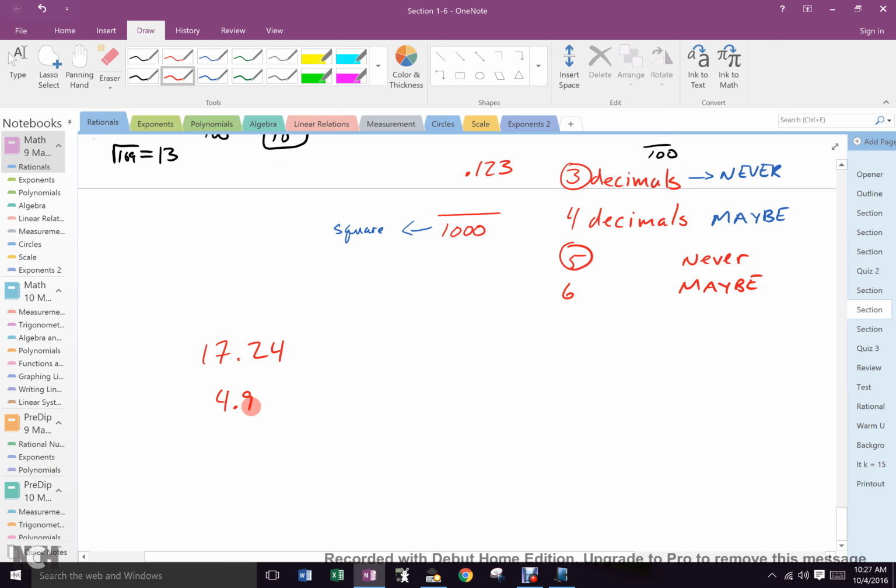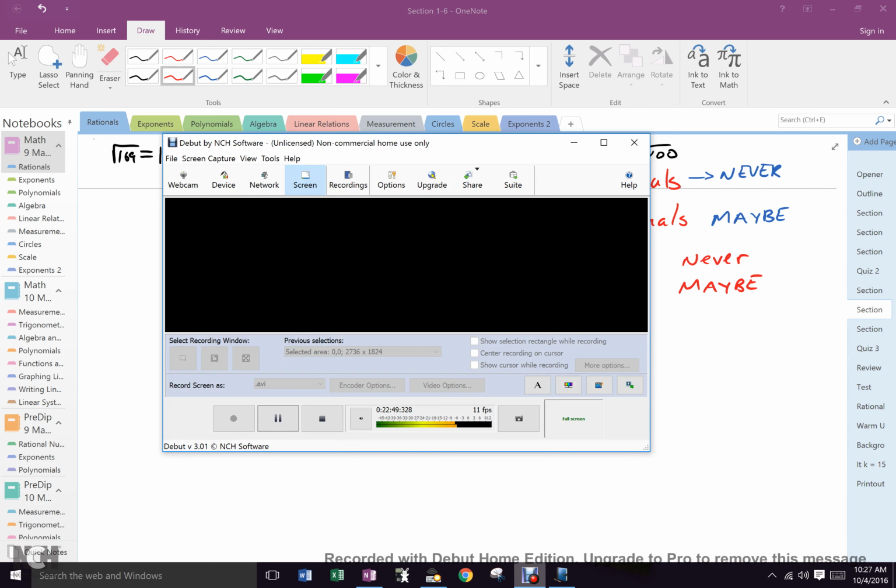No. Even though it looks like it, right? Because 49 has a square root of 7. Well, that's the point. 49 has an even number of decimal places, doesn't it? 0. And 0 is an even number, isn't it? This has 1, so it can't be, even though it looks like it. Everybody understand? Okay. Grab your books.